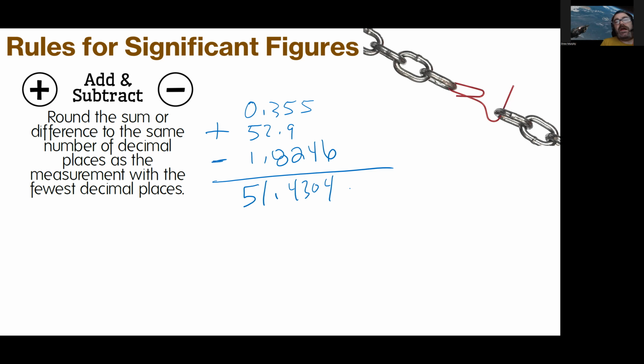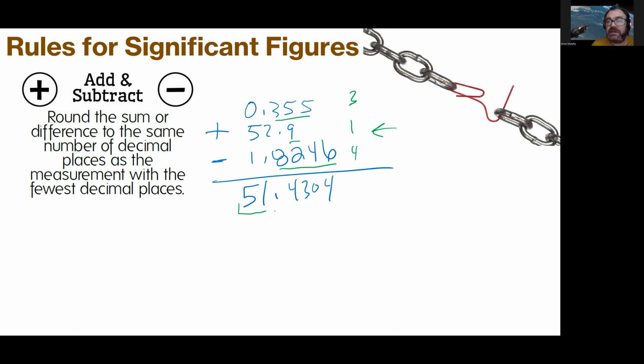Now we look at our decimal places. This one has 3 decimal places, this one has 1, and this has 4. You see what I'm counting: the numbers to the right of the decimal. The one with the fewest is 52.9, with 1 decimal place, so our answer gets 1 decimal place.